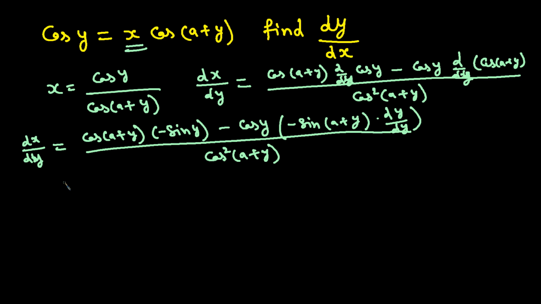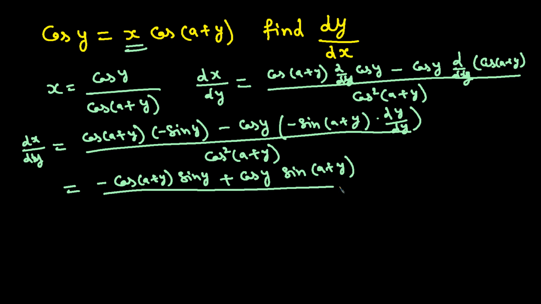Okay, now let's rearrange them. So this can be written as negative cosine of a plus y into sine y, plus, negative multiply negative gives me plus, cosine y into sine of a plus y, and dy over dy is 1, divided by cosine square of a plus y. Okay, so we're gonna use one more trigonometric identity over here.